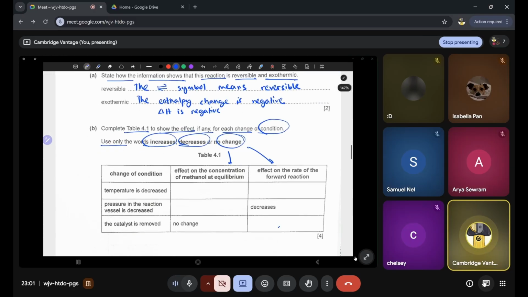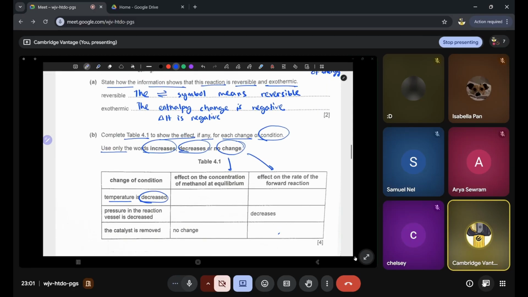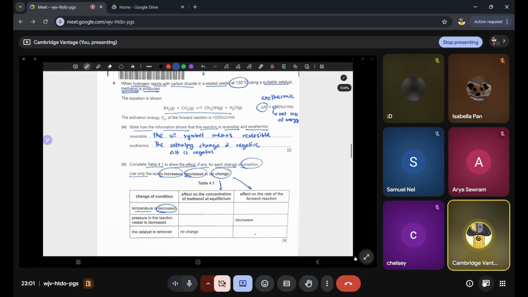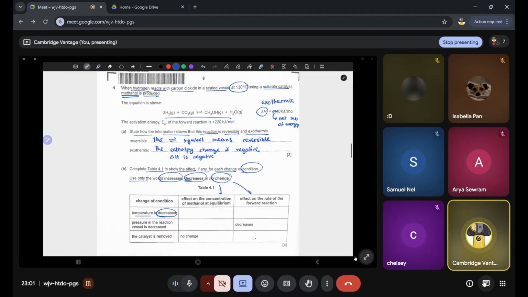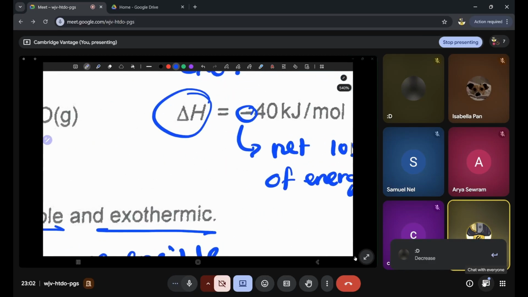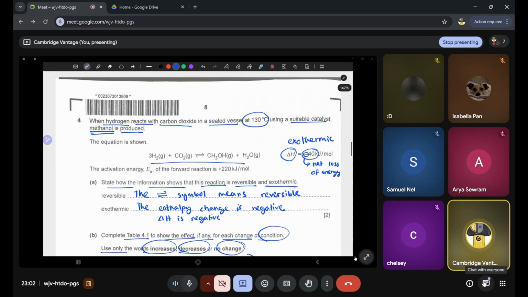All right. So the temperature is decreased. When the temperature is decreased, Layat, what should happen to the concentration of methanol? It should decrease. And the reason it's going to decrease is because the forward reaction is exothermic.